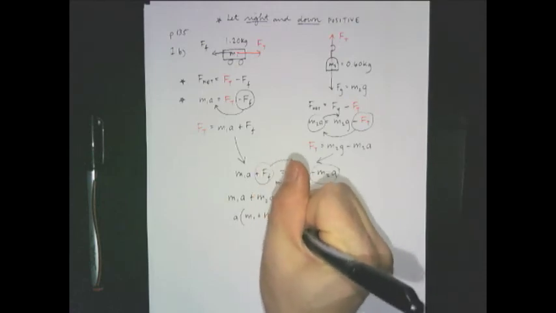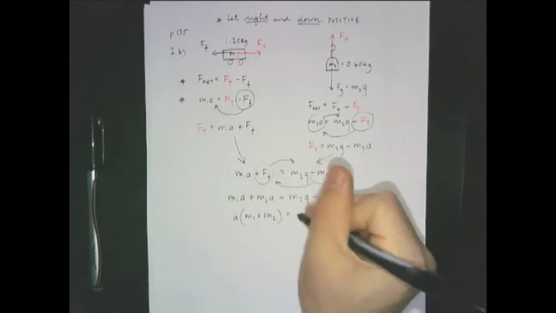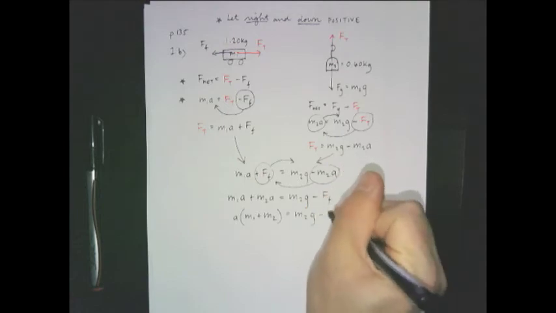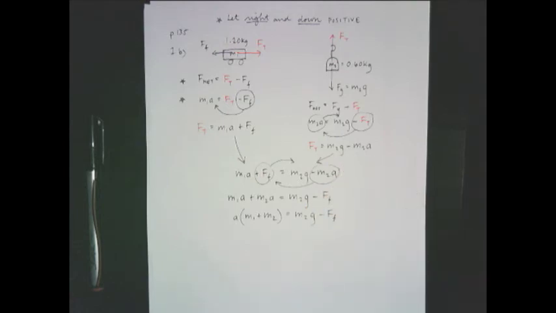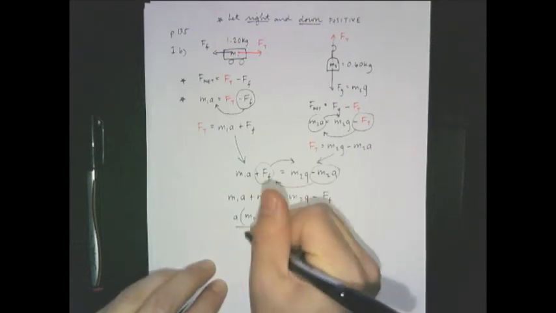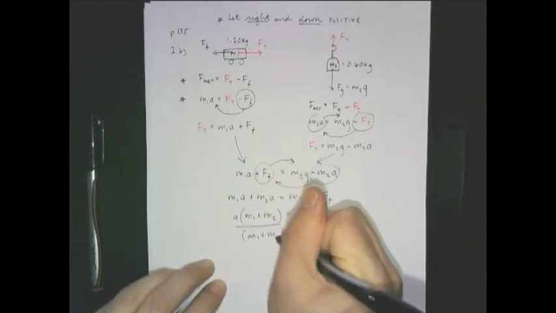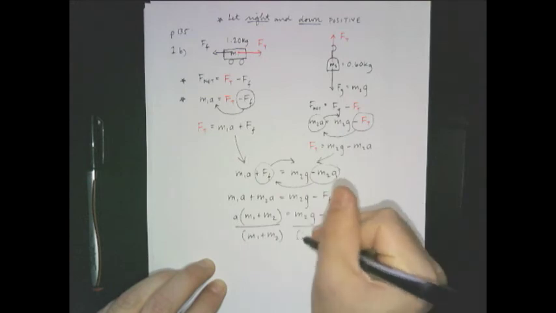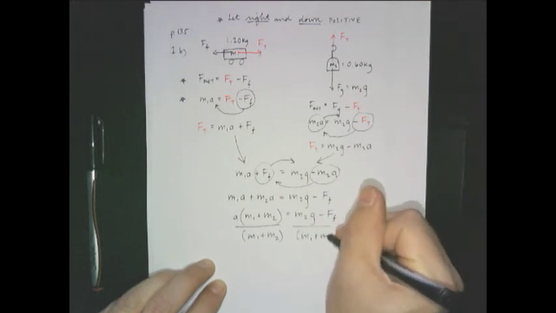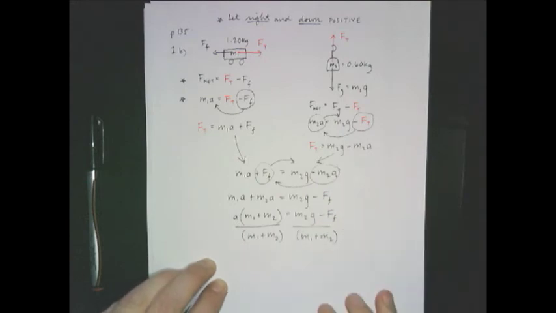Perfect. Okay, last step. To get a by itself, divide both sides by m1 plus m2. And we can sub and solve.